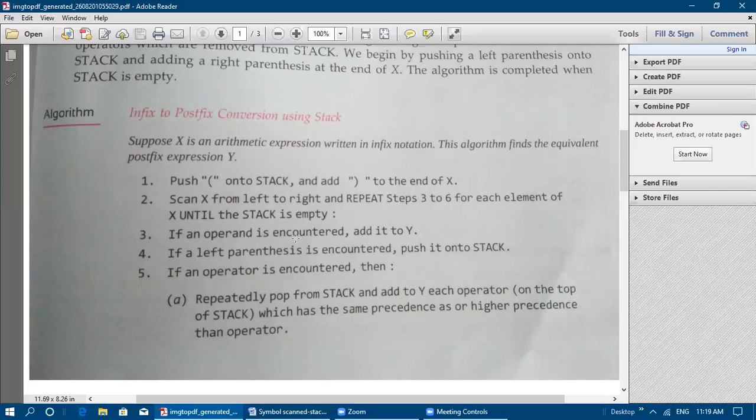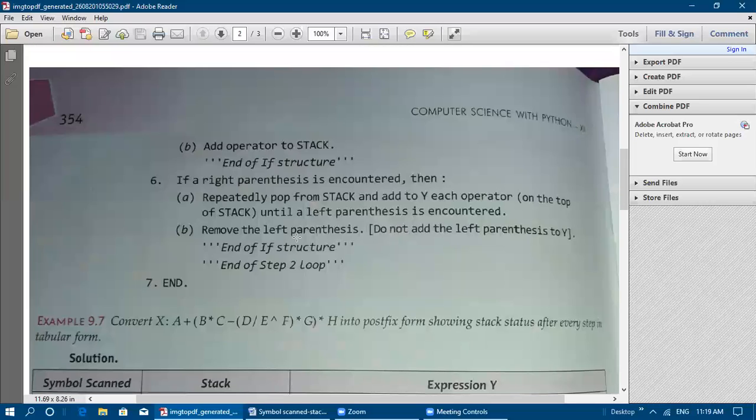If the stack operator has the same or higher precedence than the scanned operator, you pop all such operators from the top of the stack. Otherwise, you insert the scanned operator to the stack.